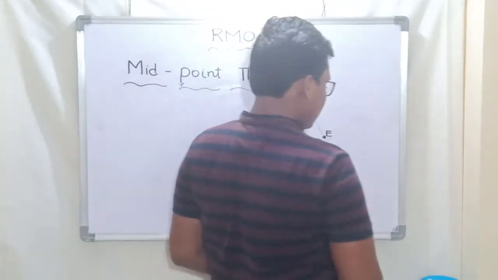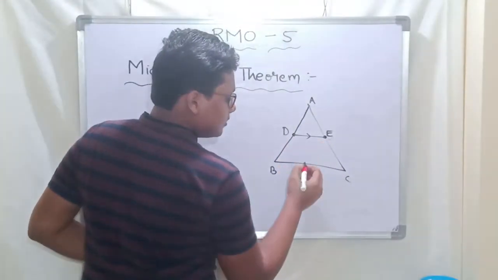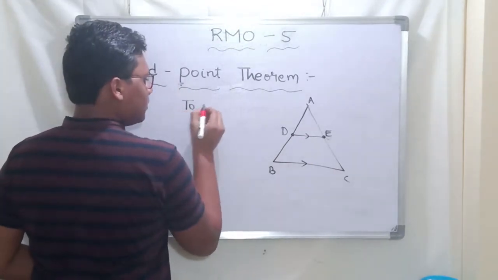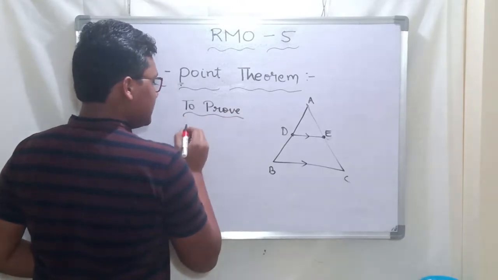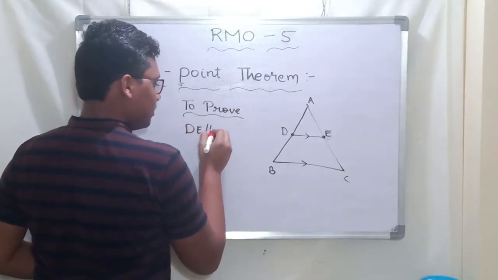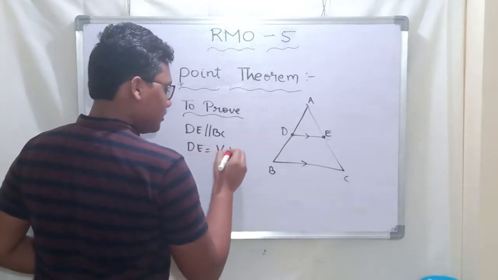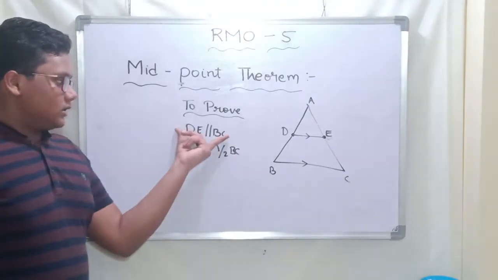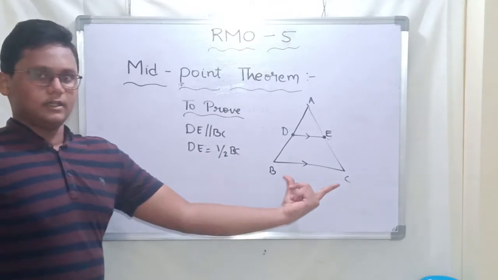We need to prove that DE is parallel to BC and DE is half of BC. This is the RTP.